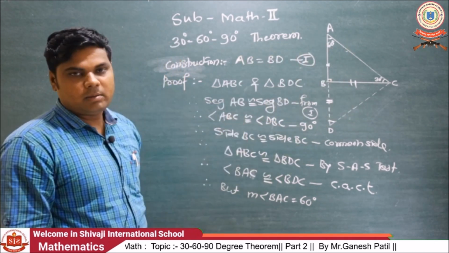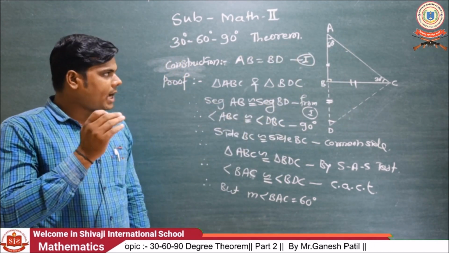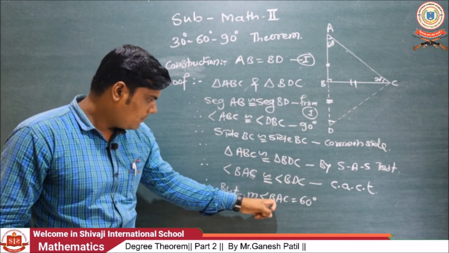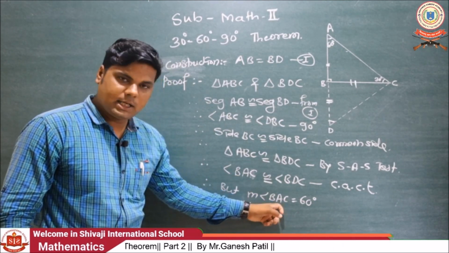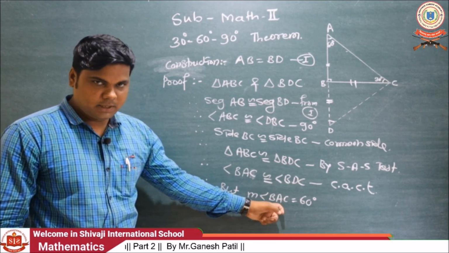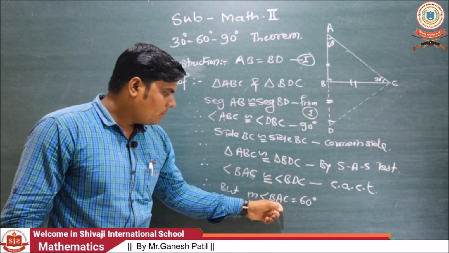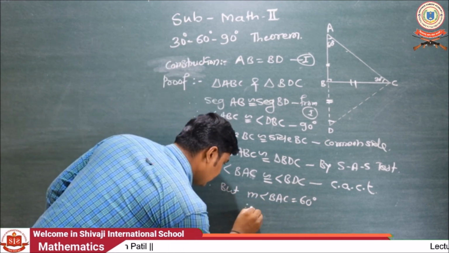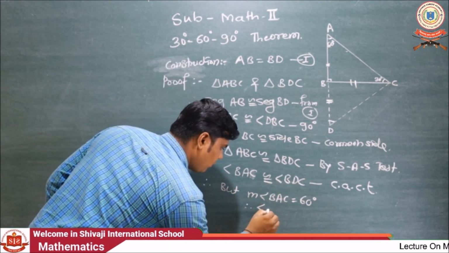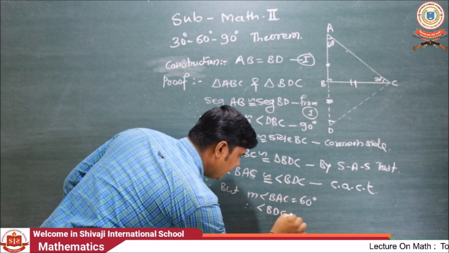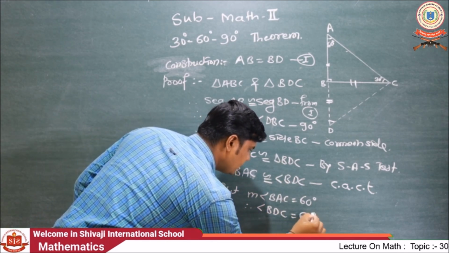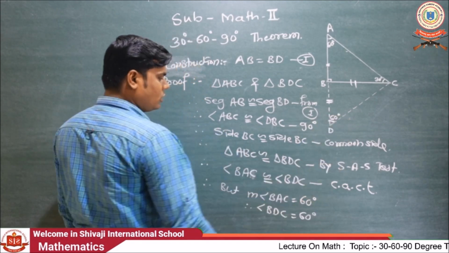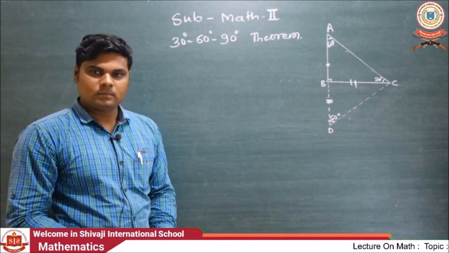In the given part, the measure of angle A, meaning BAC, where we take the middle letter, A, is equal to 60 degrees. Therefore the measure of angle BDC is also 60 degrees, meaning this angle is also 60 degrees.